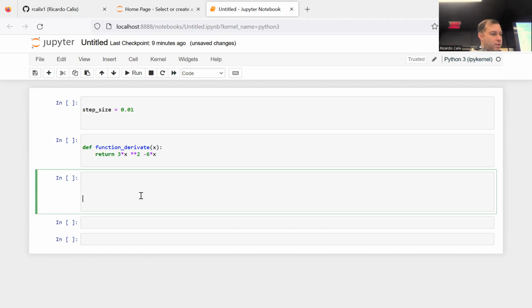So now here we have a new x equals old x minus step size times, and then now we do function derivative.